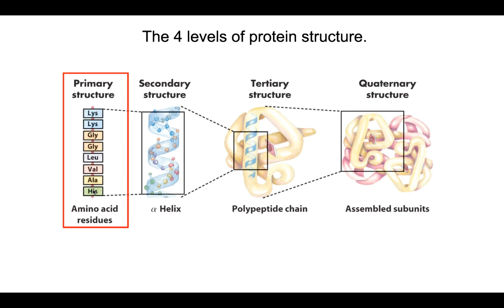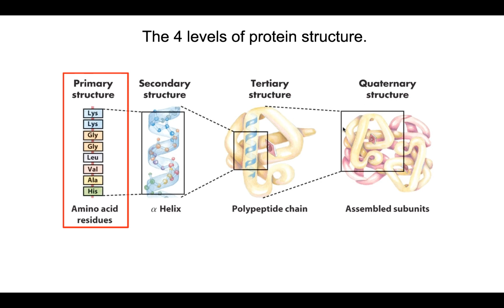And it's the primary structure that has all of the information necessary for that protein to fold into its secondary structure. And again, that primary structure has all the information necessary for that protein to fold further into its tertiary structure. And finally, if the protein is made up of more than one polypeptide chain, each one of those come together in a specific way in the quaternary structure.